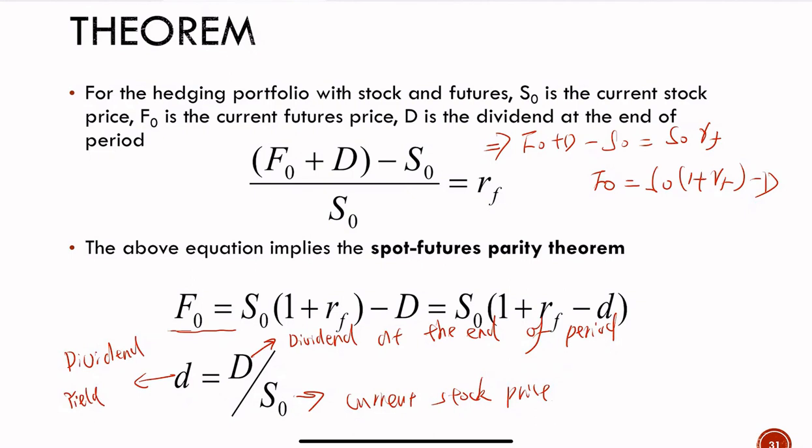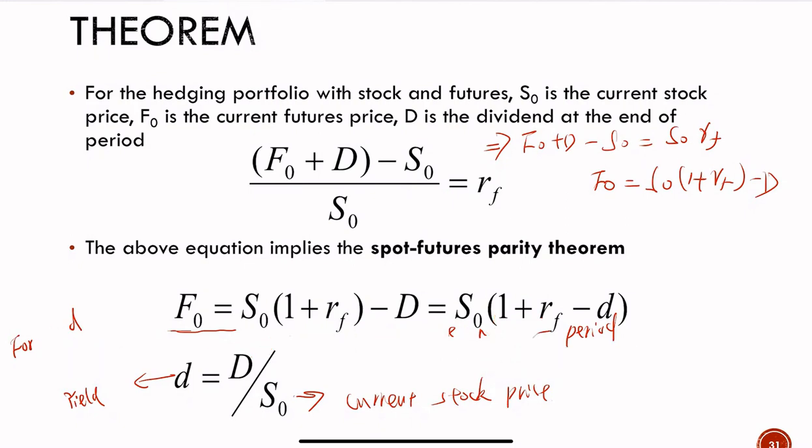To be more precise, you can see that we have some timing difference here. The capital D is dividend of the future or from the future. The stock price is today's stock price. So to be more precise, this is a forward dividend yield. That is expected future dividend divided by today's share price.